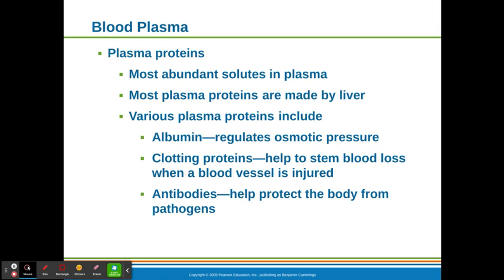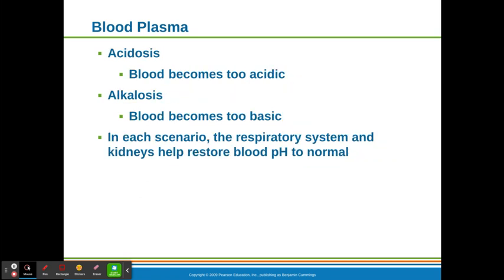Most of them are made by the liver, things like albumin, clotting proteins, antibodies. Your clotting proteins help to deal with stopping blood loss if you have a laceration or scrape or whatever the case is. Your antibodies help protect the body from antigens. So if you got the COVID vaccine, those antibodies that your body produces are circulating in the blood. That's considered part of the blood plasma.